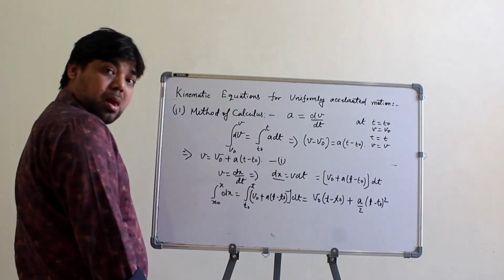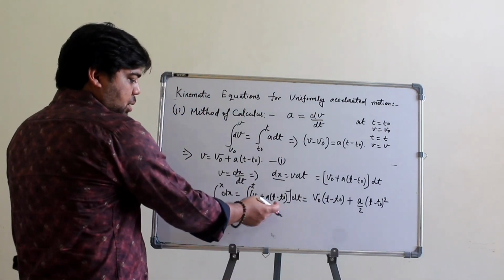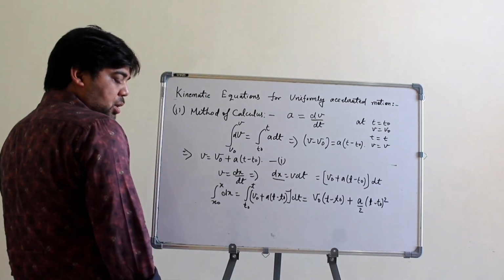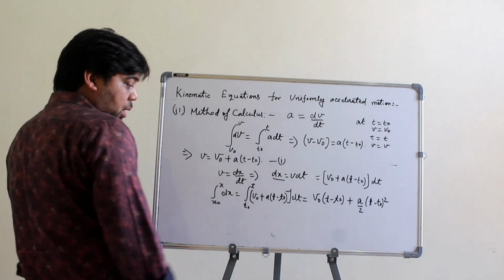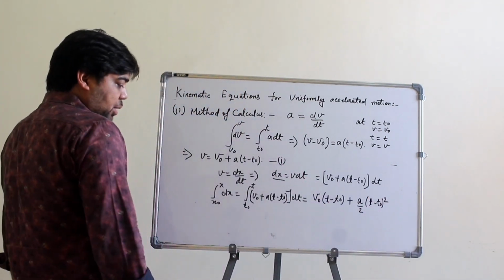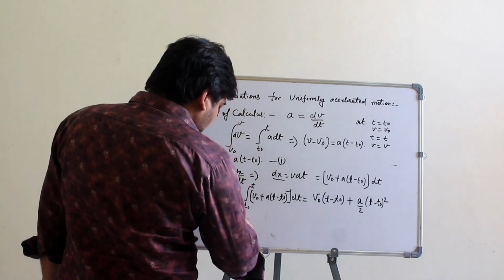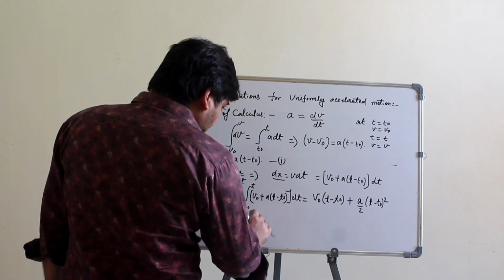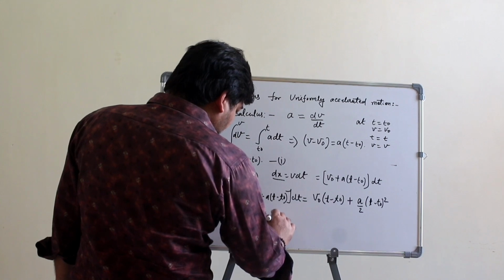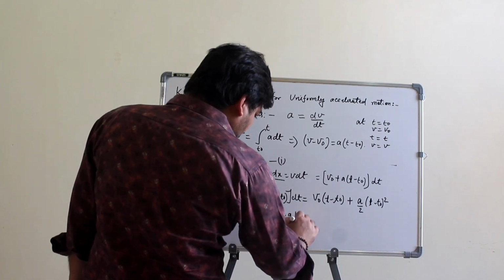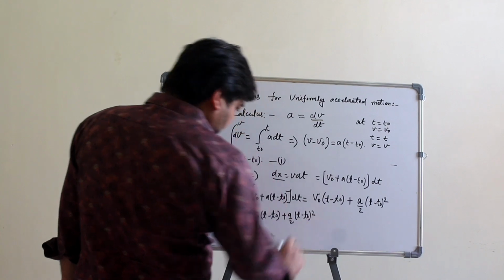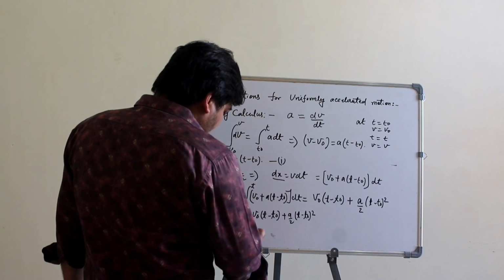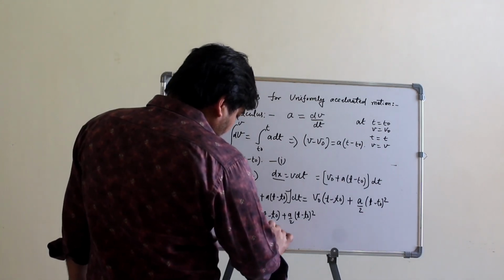Here the integral of dx is x, and the integral of t minus t naught is the square by 2. So this is x minus x naught, giving you x equals x naught plus v naught into t minus t naught plus a t minus t naught whole square by 2.